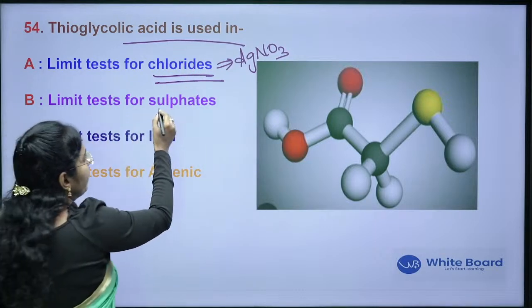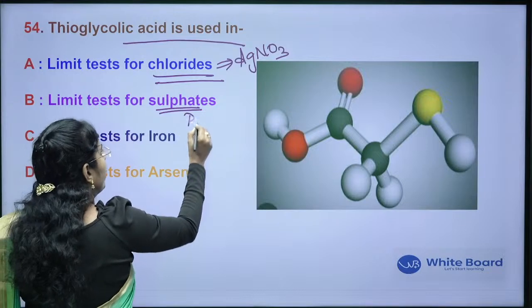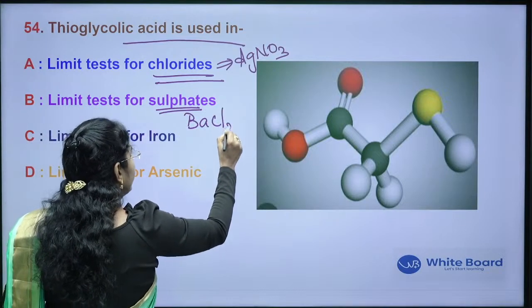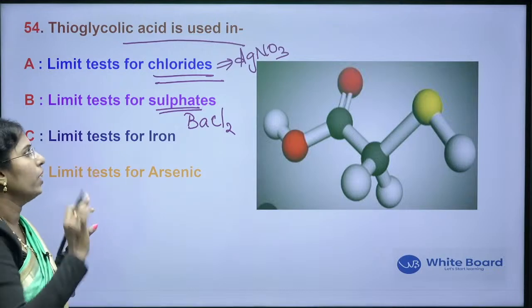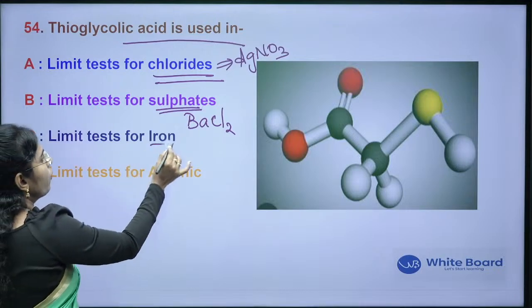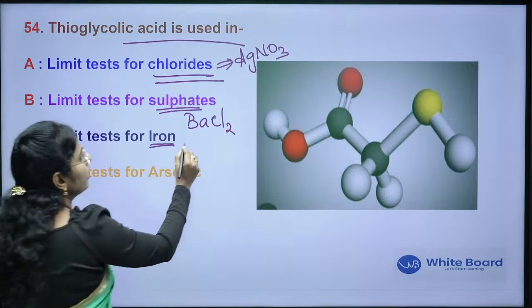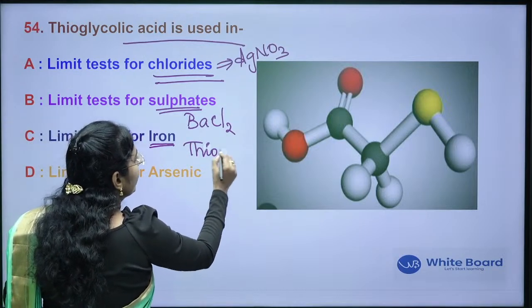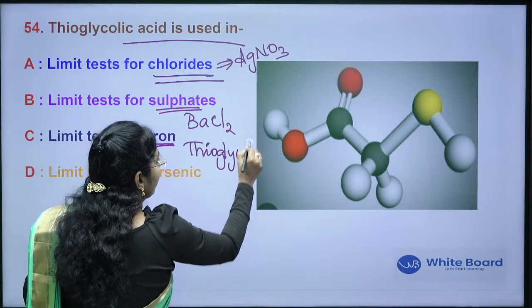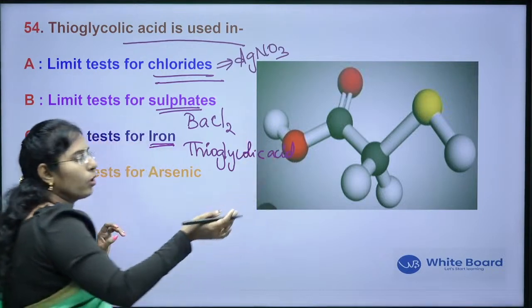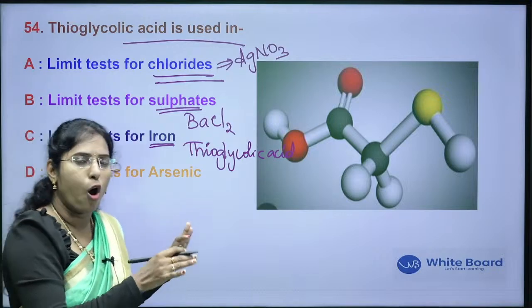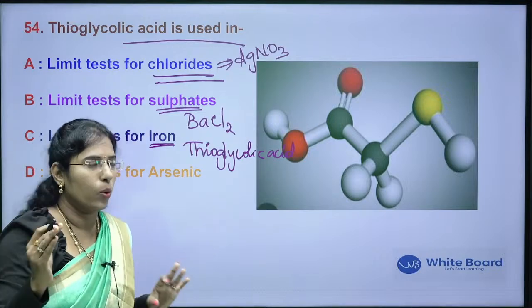In case of limit test for sulfates, we use barium chloride reagent, which will react with the impurities. Next, in case of iron, we use thioglycolic acid, which reacts with the iron impurities and forms ferrous thioglycolate.